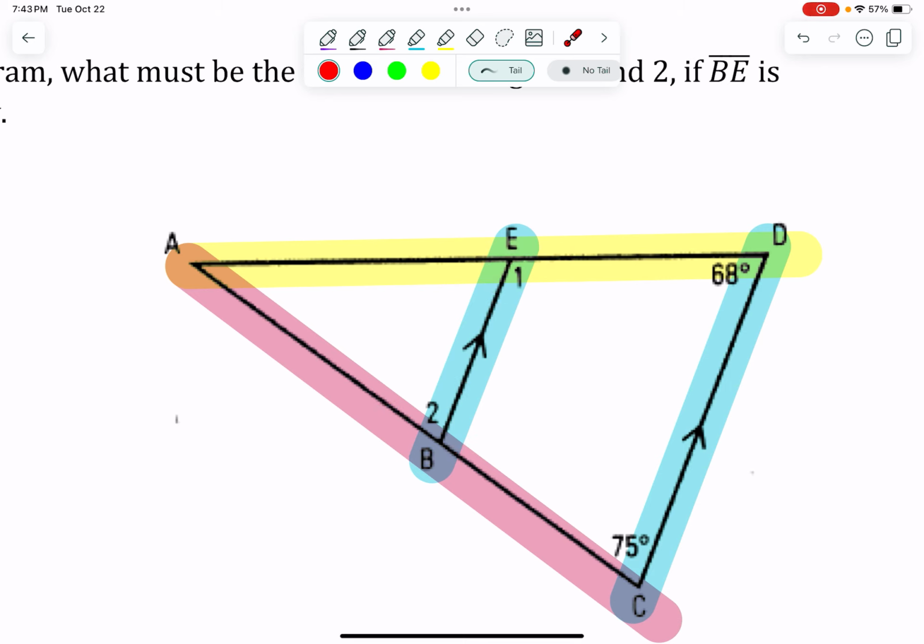And we could really find them in any order, but the first thing I notice is that angle 2 seems to be a corresponding angle with 75 degrees. Furthermore, they are both along parallel lines, transversing parallel lines. And because of that, they must be the same.